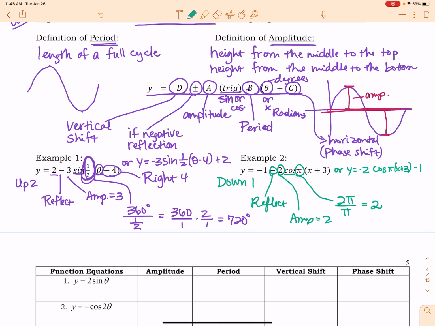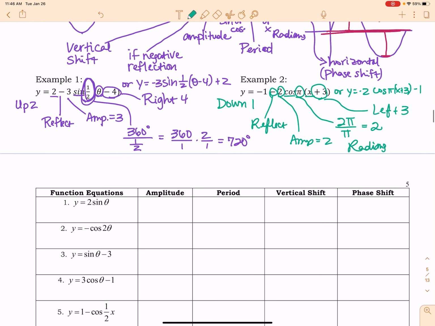So it's 2 radians. That's what the period would be. We're dealing with x here, so that means we are dealing in radians. And this +3 means that it is moving left 3. Okay, so in another video we're going to go on to explain some of this stuff in these examples right down here.